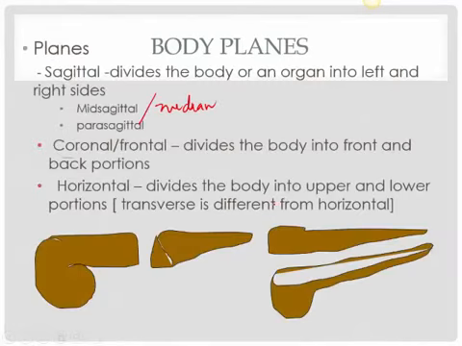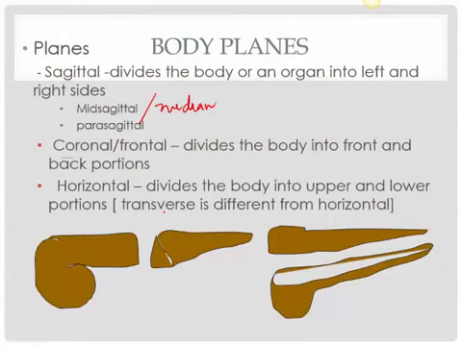Now, if there is anything in the body that is vertically placed, then the horizontal and transverse section is the same thing. By definition, a horizontal plane goes from front to back and divides the part into two sections, an upper section and a lower section. Got it?